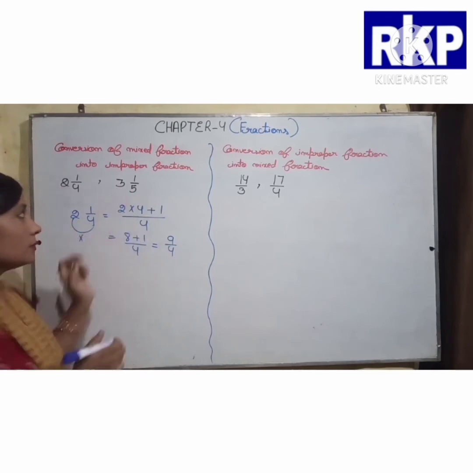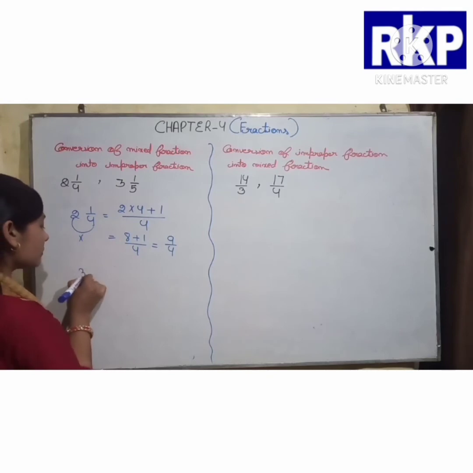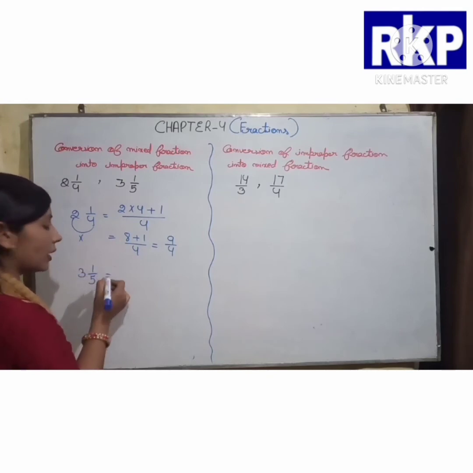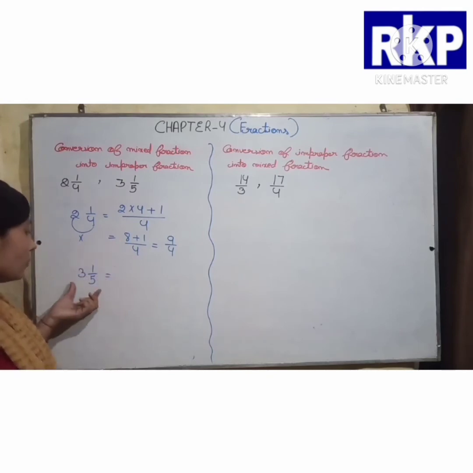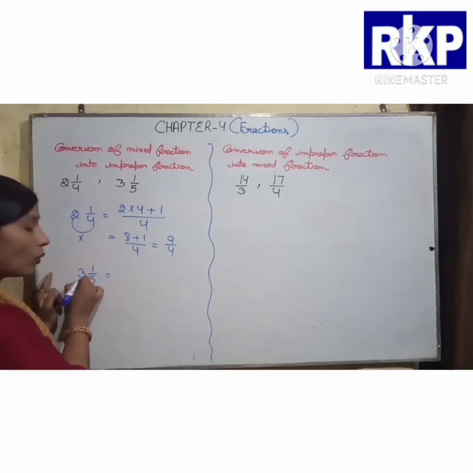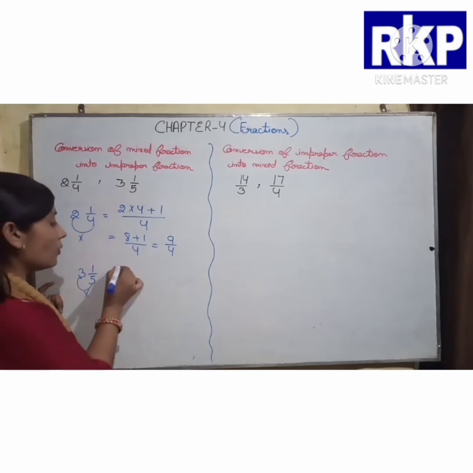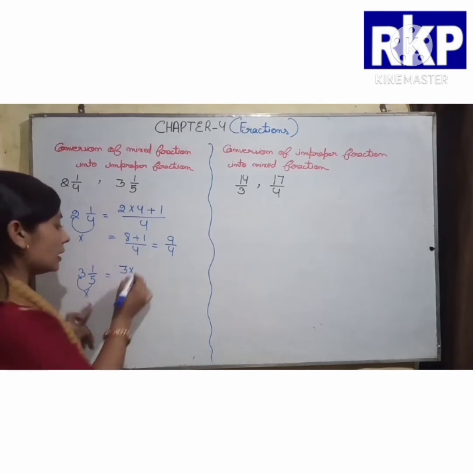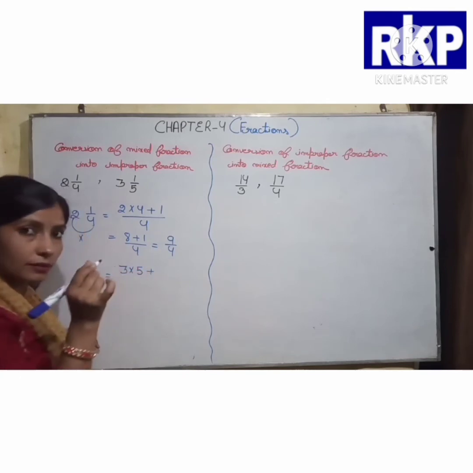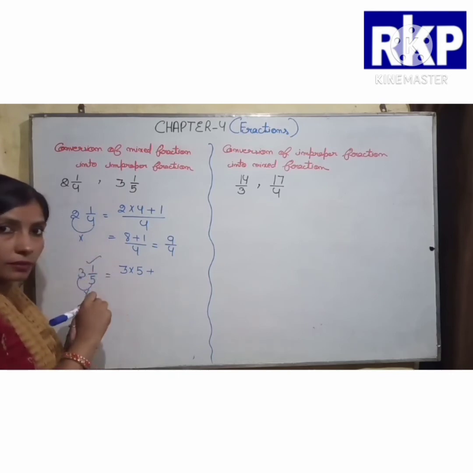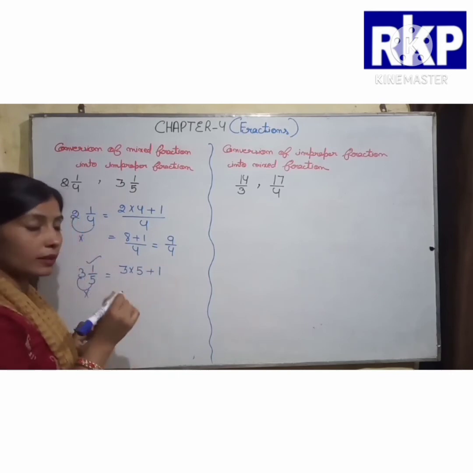Now let us see 3 and 1 by 5. In this also we multiply the whole number with the denominator. Now we multiply this 3 with 5 and then add 1, the numerator.